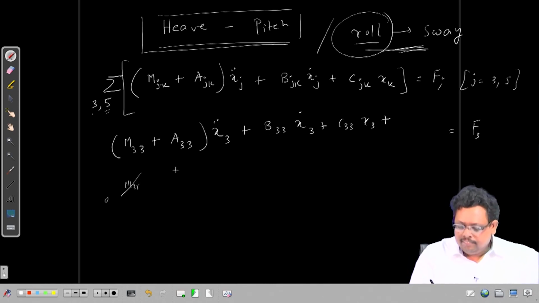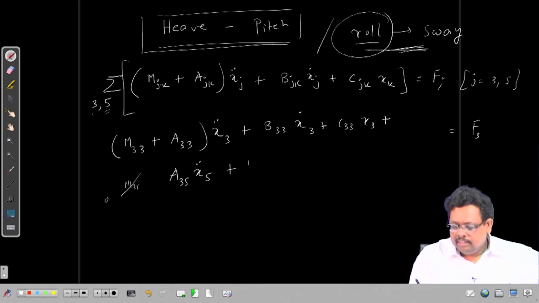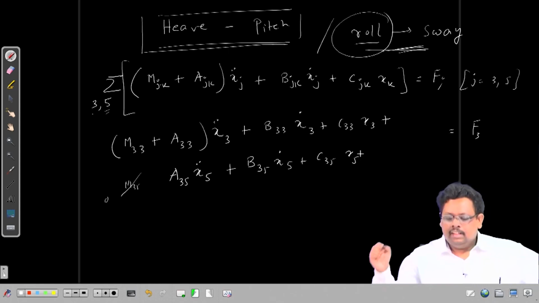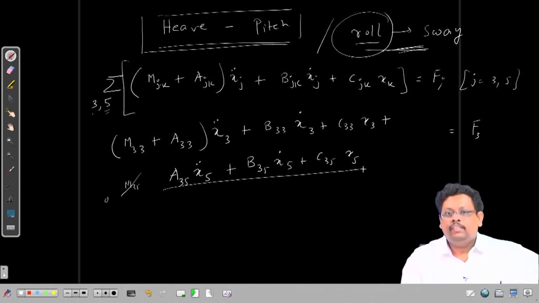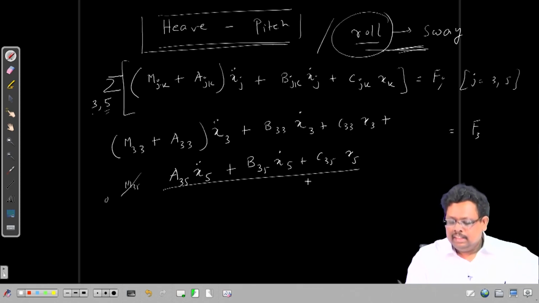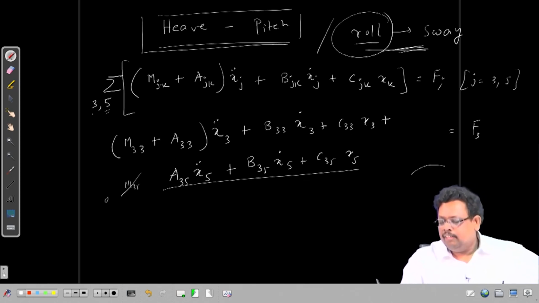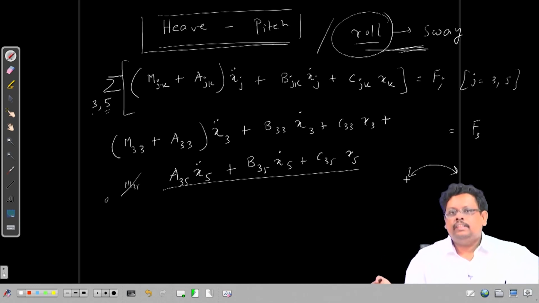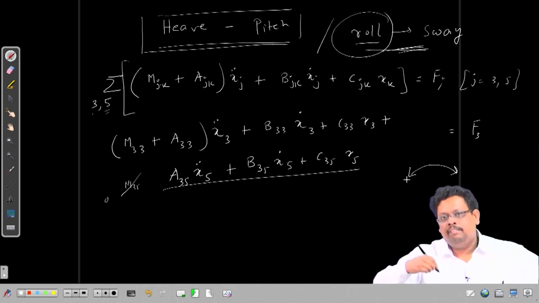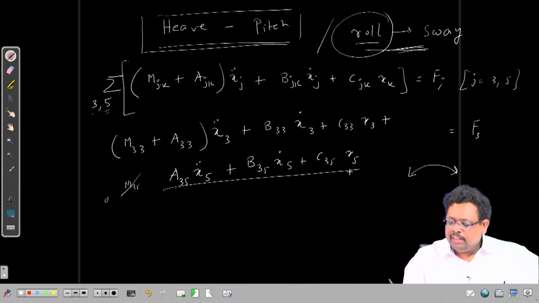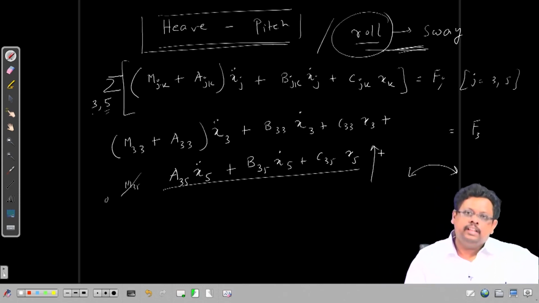So, I have a 3 5 x double dot 5 plus b 3 5 x dot 5 plus c 3 5 x 5. Now, you see what the second component is. It is this: if I oscillate the body in the fifth mode, that is in the direction of pitch, then what is the component of the force along the heave direction.